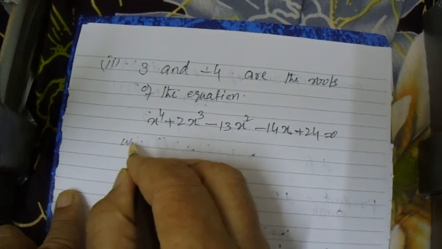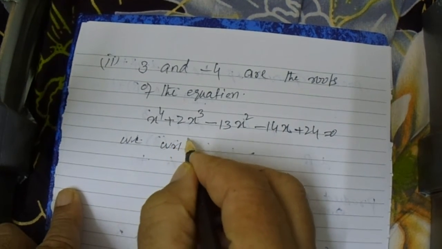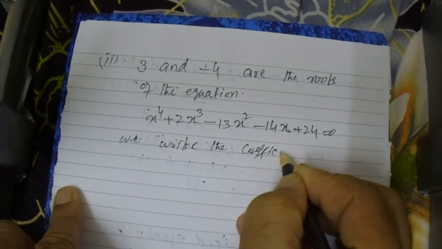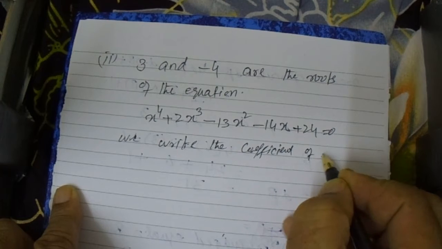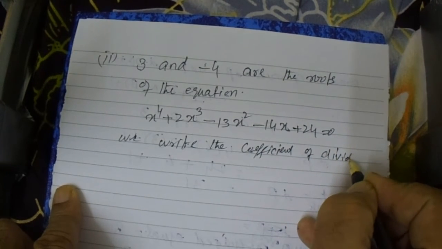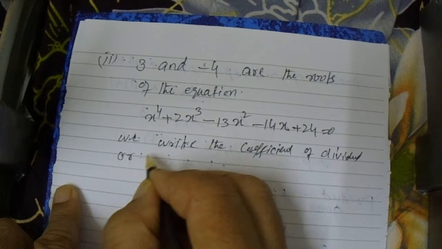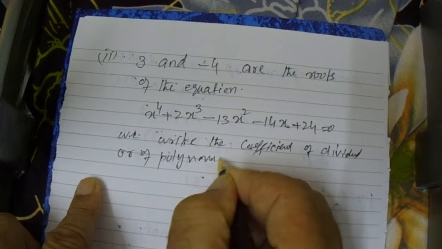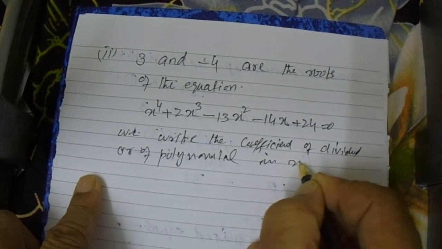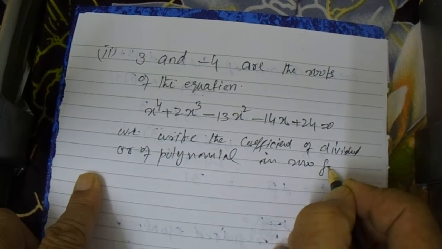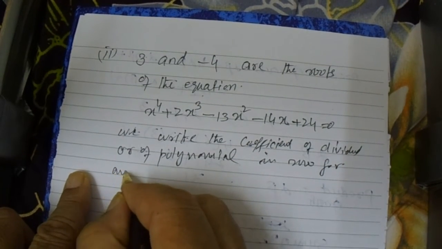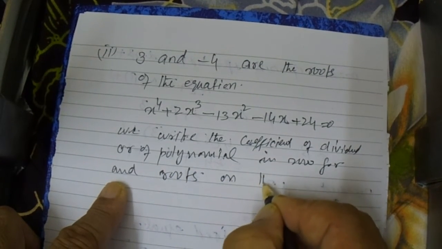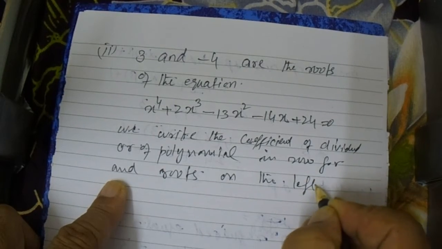Now we write the coefficients of the dividend polynomial in row form, and the root on the left side.